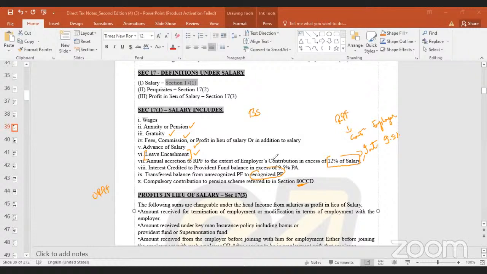So please remember, even though a person is retired, if the pension is more than 2,50,000 in normal cases, or 3 lakh rupees for a senior citizen, it is chargeable to tax, subject to 87A. 87A is considered a rebate.